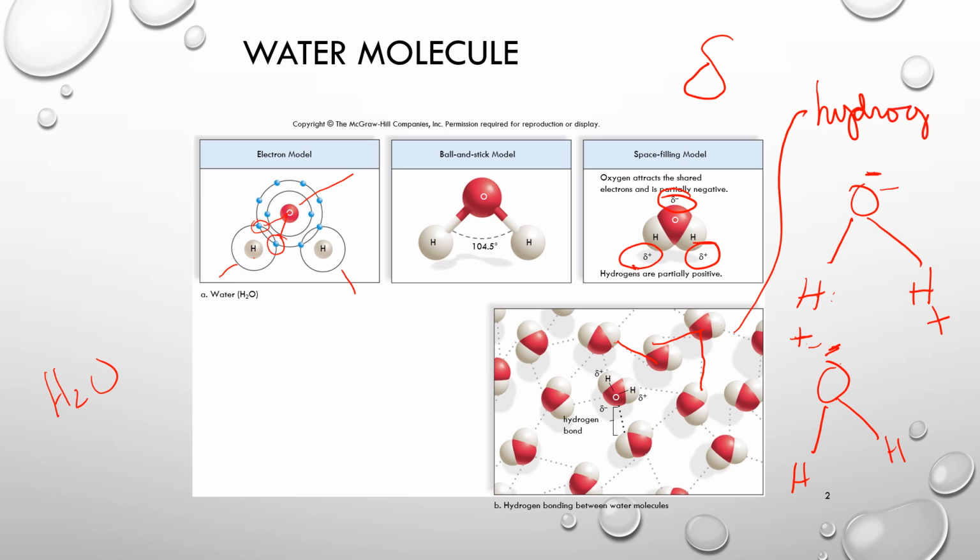They're a weaker bond than a covalent or ionic bond, and it's not holding one molecule together, but it's between molecules, so between one water and another water. But because of those hydrogen bonds, water molecules are attracted to each other and they stick together, and that gives them some special properties that we're going to be talking about.